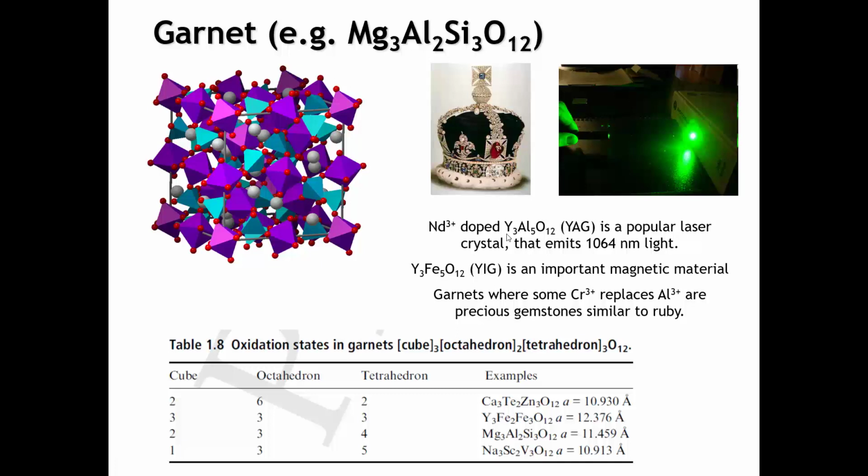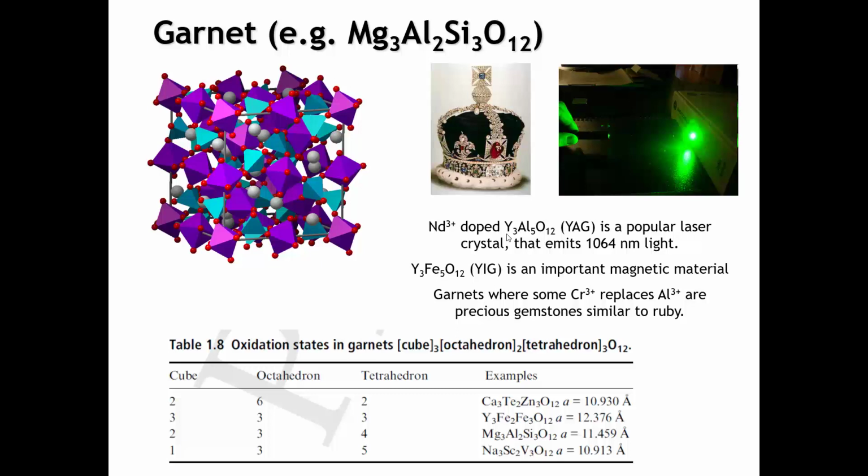Neodymium doped YAG emits infrared light with a wavelength of 1064 nanometers. If you frequency double that, then you get green light of 532 nanometers. So you're probably familiar with this from a green laser pointer, but it's also used in mini lasers.